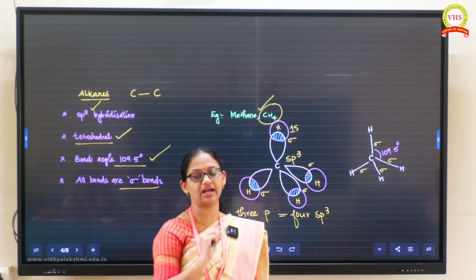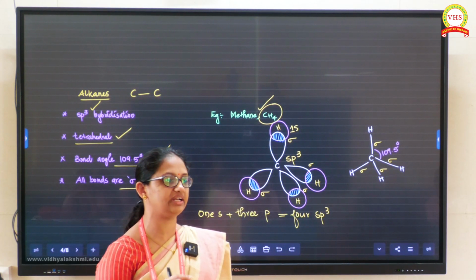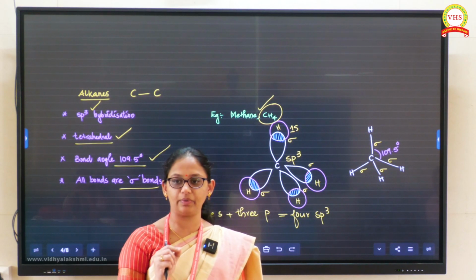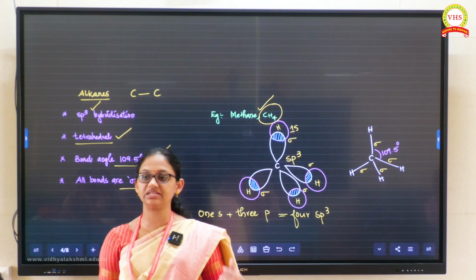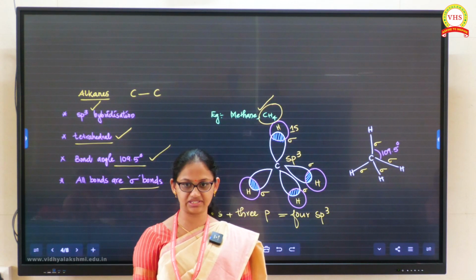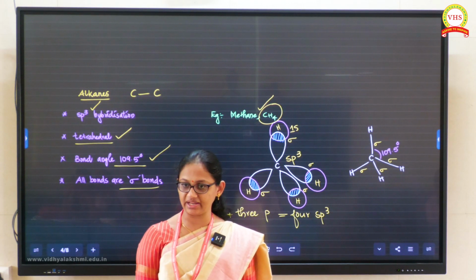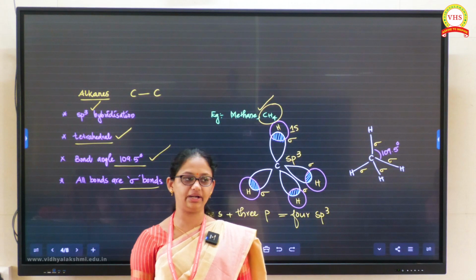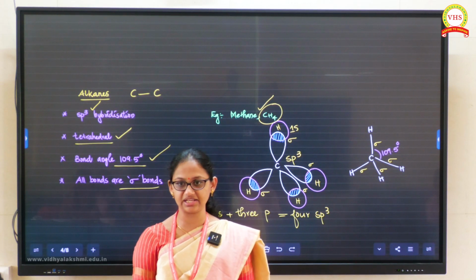With sp3 hybridization, the geometry is tetrahedral and the bond angle is 109.5 degrees. So 4 C–H sigma bonds are there, with bond angle 109.5 degrees and tetrahedral geometry. Is it clear?